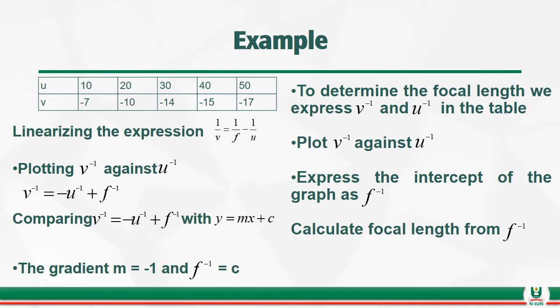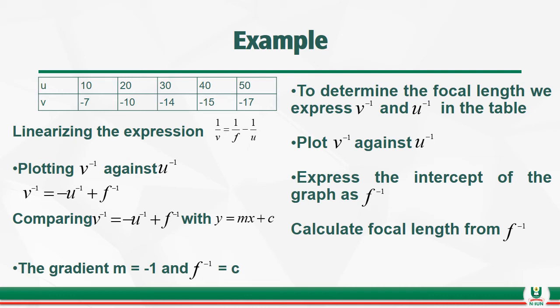An example of that is what we have in our course material: a table of U and V, and we are to calculate the focal length. Of course, our common optics expression, 1 over U plus 1 over V equals 1 over F, comes to the rescue here.